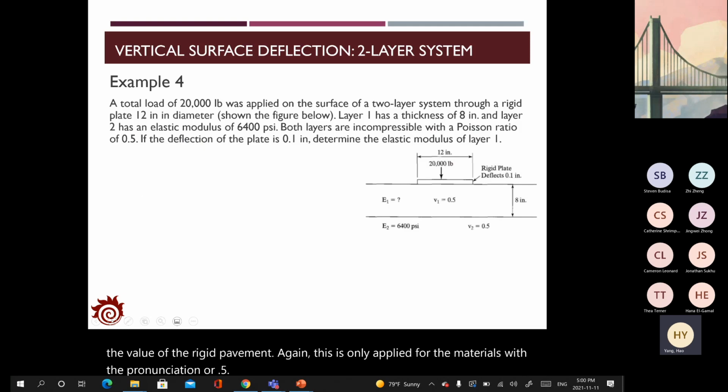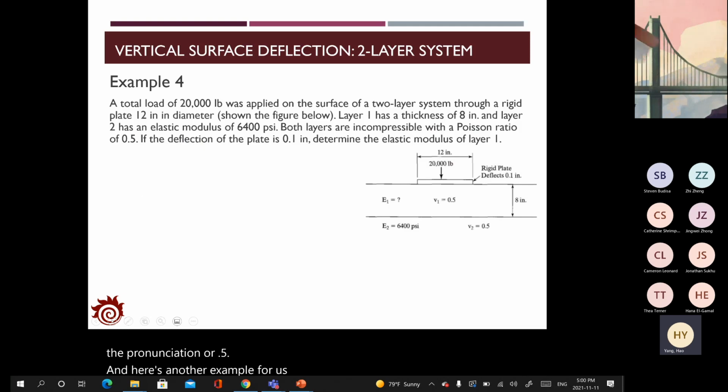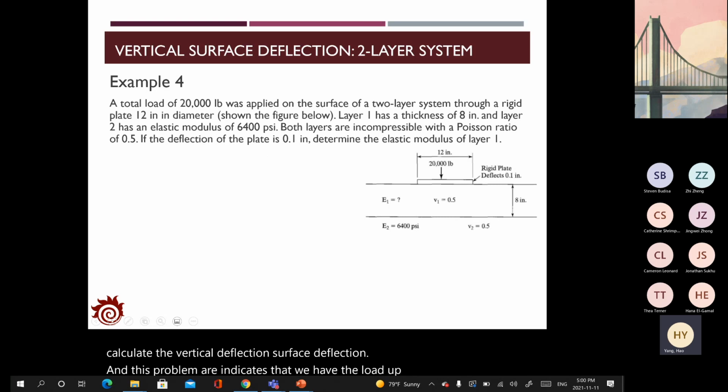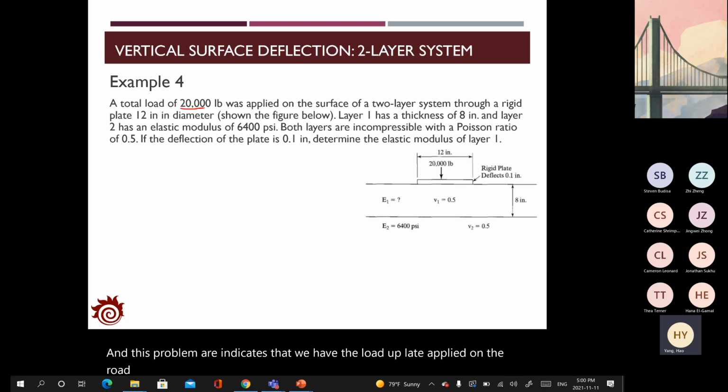And here's another example for us to use this graph to calculate the vertical surface deflection. This problem indicates that we have the load plate applied on the road, and the load is 2,000 pounds, and the diameter of the plate is 12 inches, and layer 1 has a thickness of 8 inches.